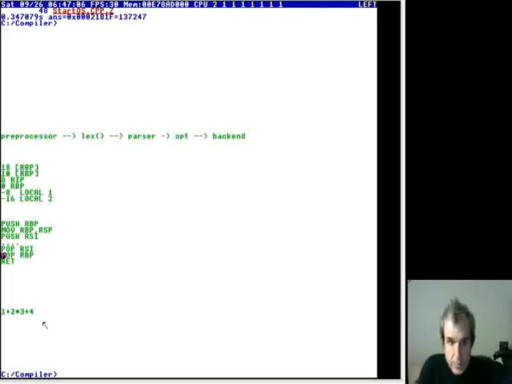There's an x86 instruction called leave.